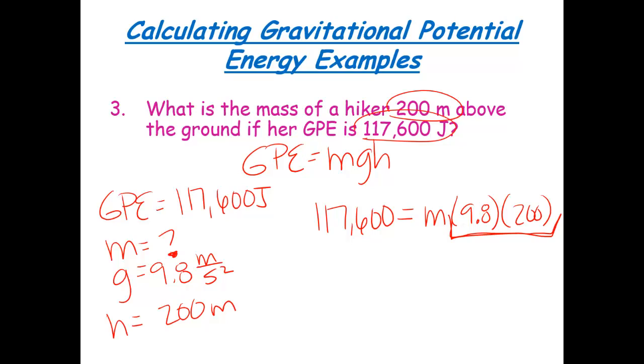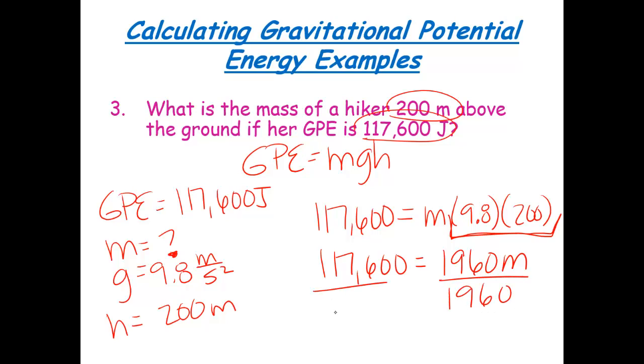So 1960 m, and then you just have to divide each side by 1960. So 117,600 divided by 1960. So m is going to be equal to 60, and it's mass, so again you would label it kilograms.